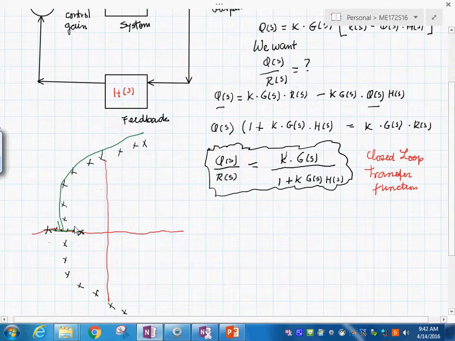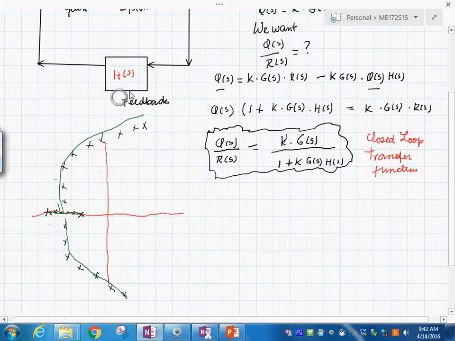If I join all those points, if I trace them rather, this thing is called the root locus. Because it is a plot of where the roots of the system are depending on the value of K.